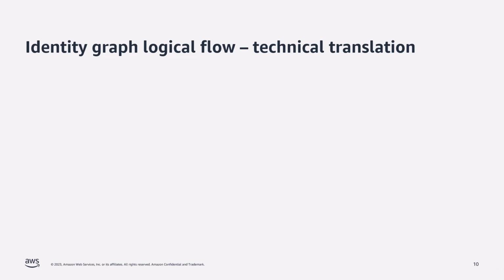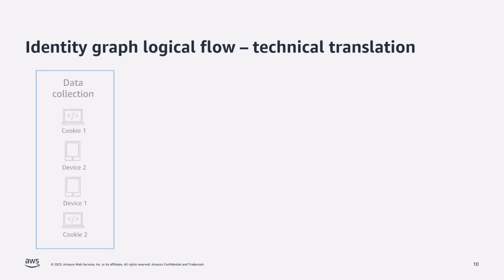Now, if we translate the logical flow into a technical perspective, we can fill each layer with services that achieve the given functionality. The exact services used within each layer can be interchangeable, but we give a few common examples we see. So starting from the leftmost layer again, data collection.